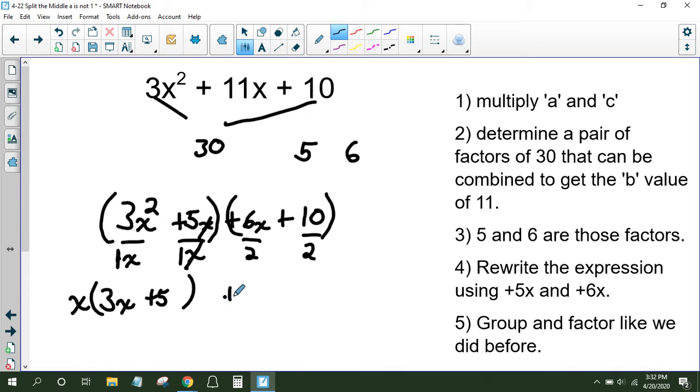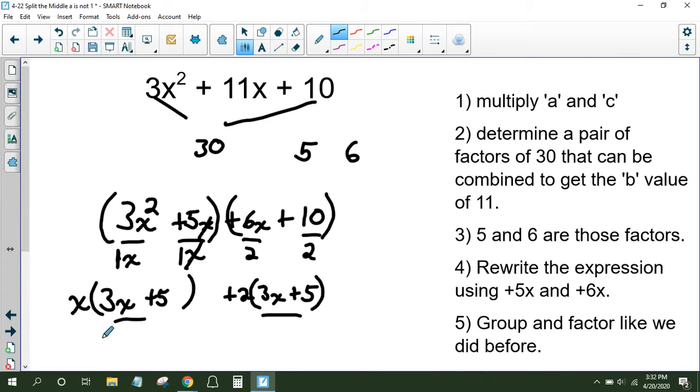So all we're doing is we're going to pull out that positive 2. And then we're going to divide. So 6x divided by 2 gives us 3x, and 10 divided by 2 gives us 5. And we're in good shape because both of our sets of parentheses have the exact same thing inside them.